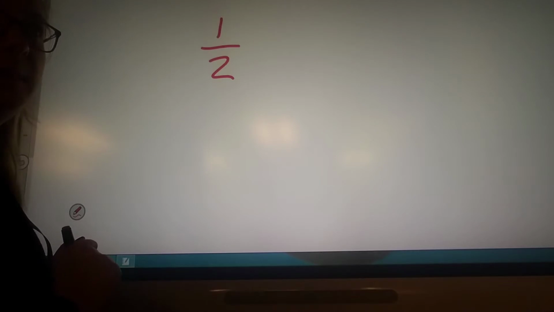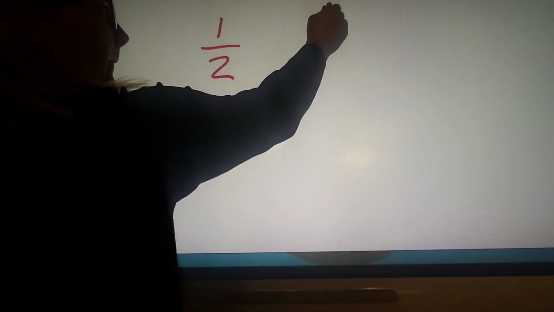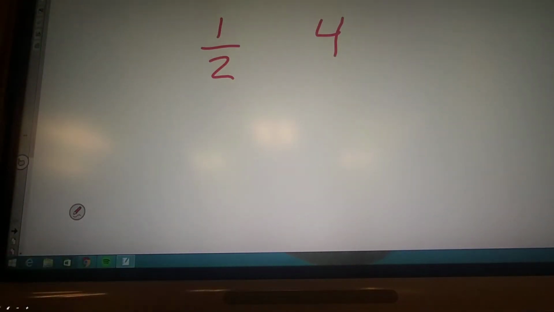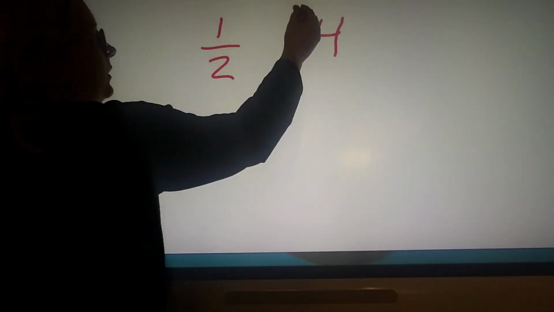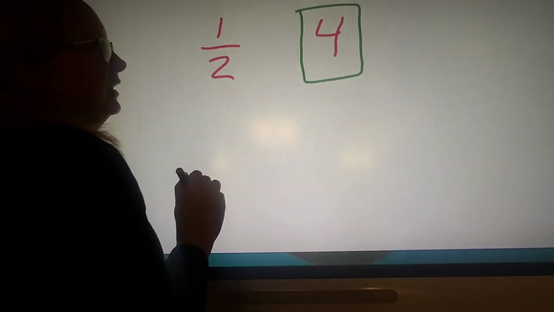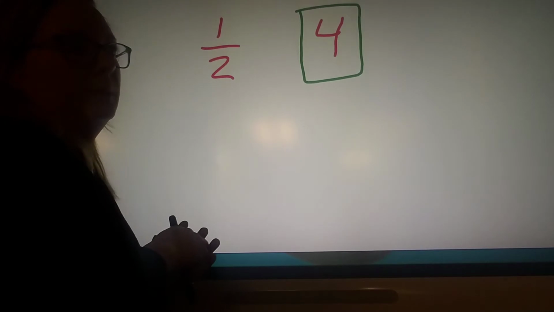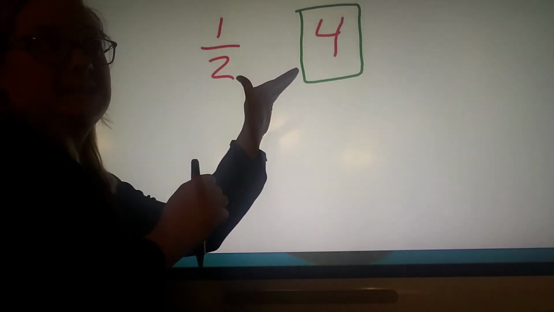But a whole number would be like 4, right? We can write whole numbers as a fraction. And you're going to need to remember how to do that to be able to multiply fractions and whole numbers. So to turn a whole number into a fraction, the whole number stays at the top.